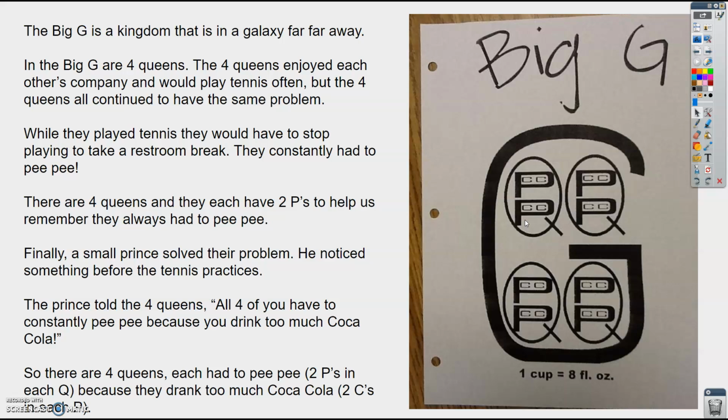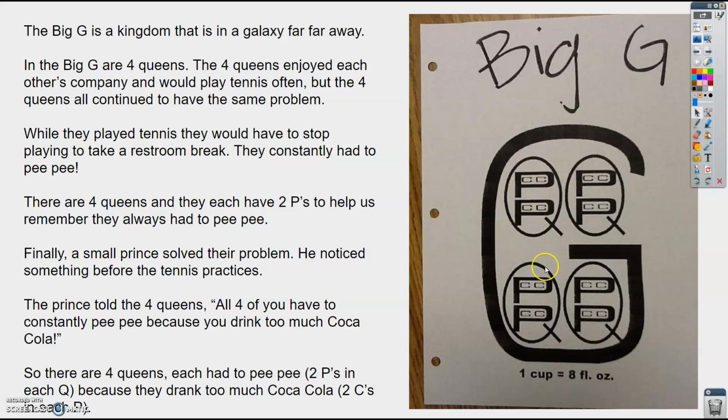So finally, a small prince solved their problem. He noticed something before the tennis practices. The prince told the 4 queens, all 4 of you have to constantly pee-pee because you drink too much Coca-Cola. So each of the 4 queens has to pee-pee, and that is instigated by drinking too much Coca-Cola. There are 4 queens, each with 2 pee-pee.